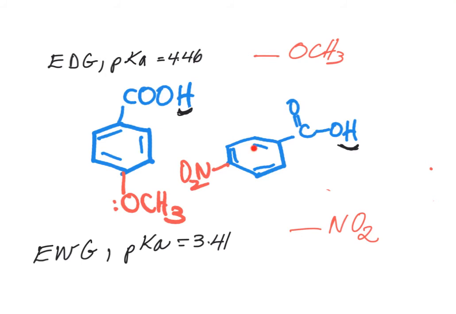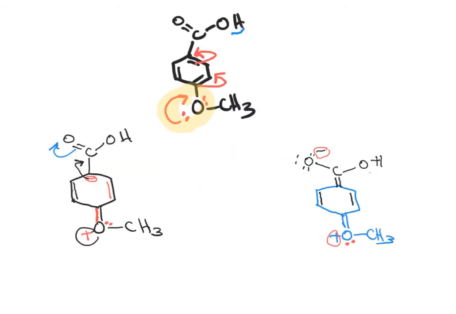If we have an electron withdrawing group, that will decrease the electron density around the carbonyl and of course on the carboxylate group, making it more acidic. So we have a change of 4.46 increase and then 3.41 decrease.